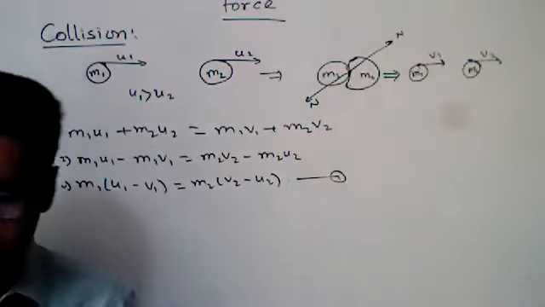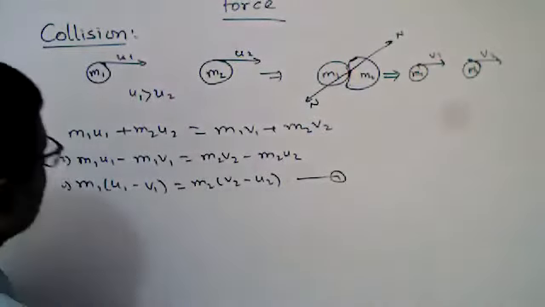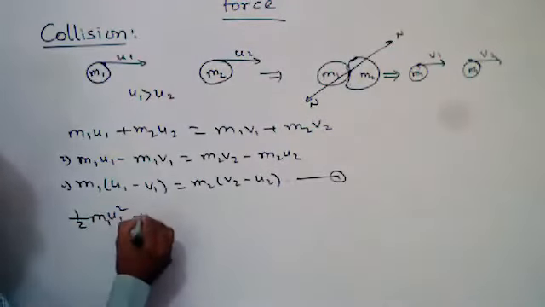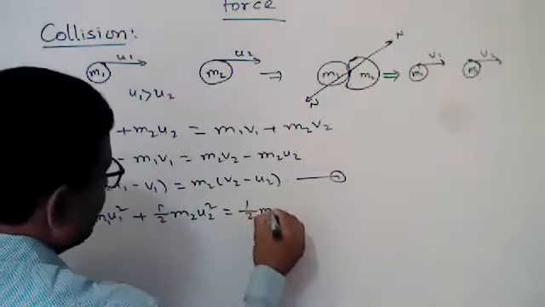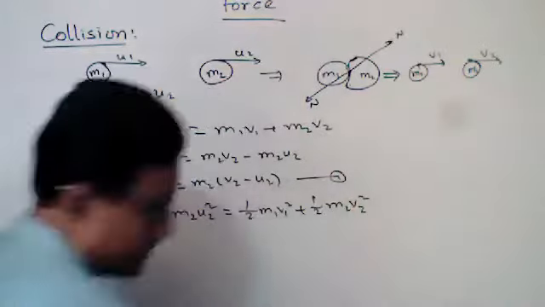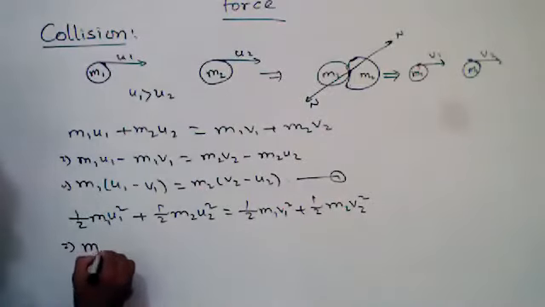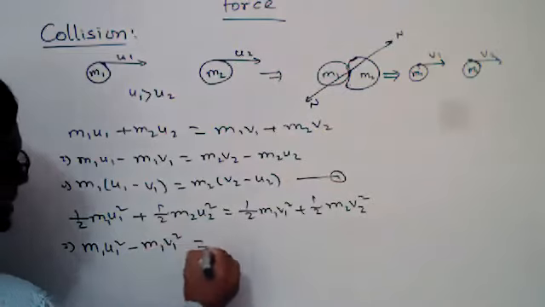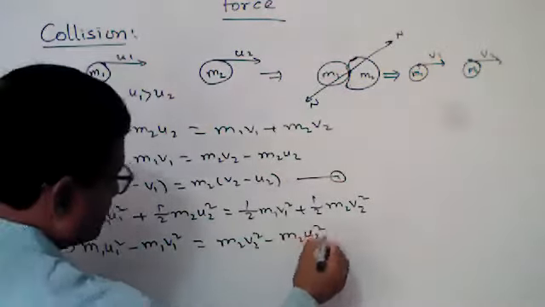According to the elastic collision, we know kinetic energy before collision and after collision will be equal. Kinetic energy we know is half m v squared, so half m1 u1 squared plus half m2 u2 squared equals half m1 v1 squared plus half m2 v2 squared. So m1 u1 squared minus m1 v1 squared equals m2 v2 squared minus m2 u2 squared.